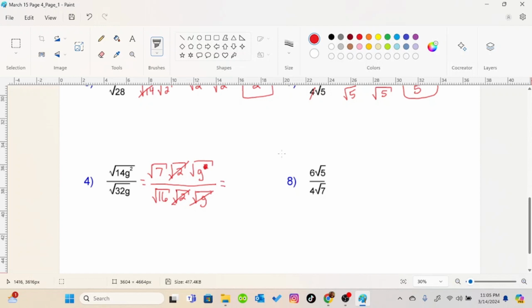And now when we rewrite this, we have square root of 7 times square root of g on top. That becomes square root of 7g. And on the bottom, the square root of 16 is 4. So our final answer is the square root of 7g divided by 4.